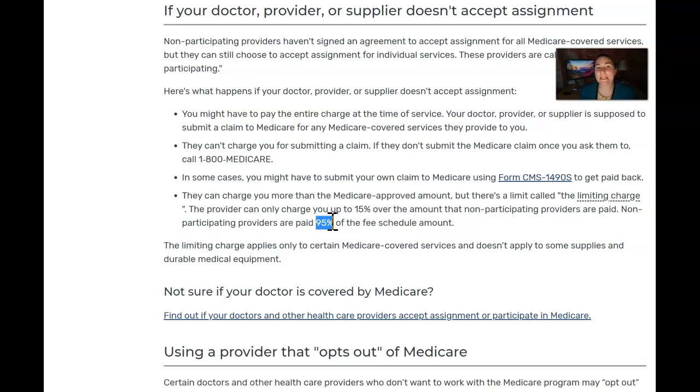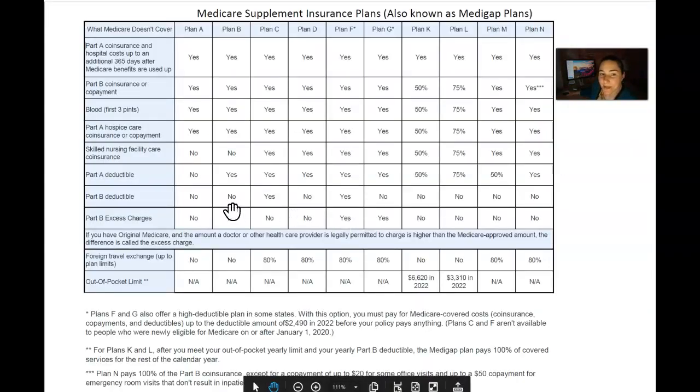So more than likely, if you're looking at a Plan G or a Plan N, you're looking at the difference of these excess charges and the chance of you ever really having to pay that. 96% of doctors out there are taking Medicare assignment, and those that aren't really aren't charging much more over.